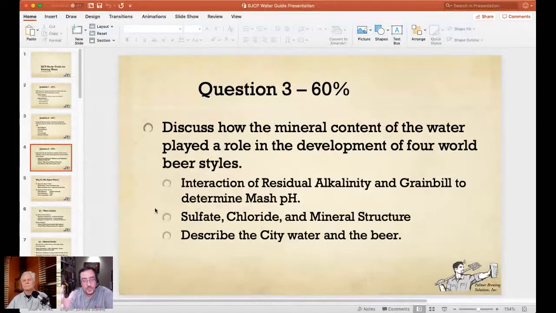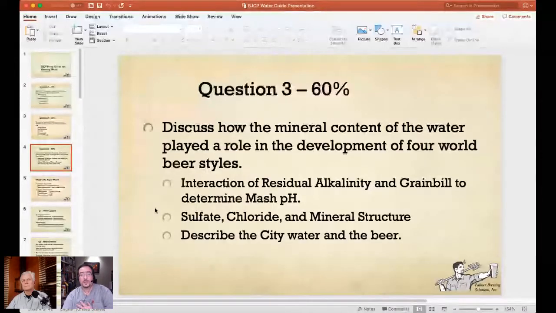So I want you to keep, as we go through these subjects, that structure in mind: you're going to first talk about how the water and the grain bill determine the mash pH. Then you're going to talk about how sulfate, chloride, and minerals affect the flavors expressed by the beer. And then you're going to talk about a particular city and its beer style with regard to those parameters.